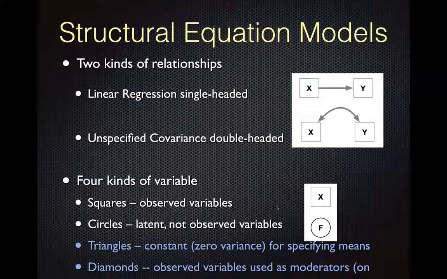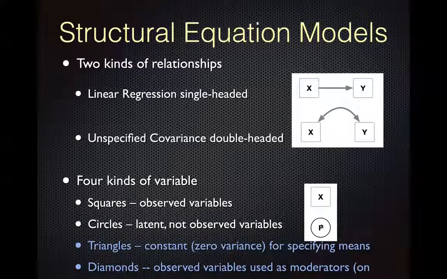Structural equation models primarily deal with two types of variables. That is, the observed variables drawn in boxes and a latent variable which has not been directly observed, drawn in a circle.